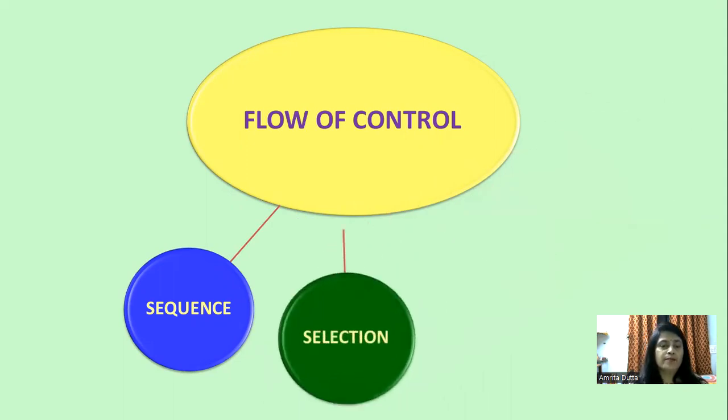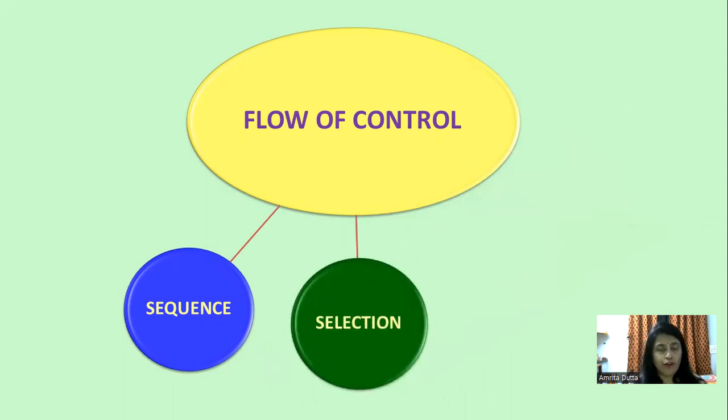Second is the selection flow of control. The program executes on the basis of a certain condition. Once the condition is satisfied, some set of instructions get executed, and if not, then maybe some other set of instructions get executed.